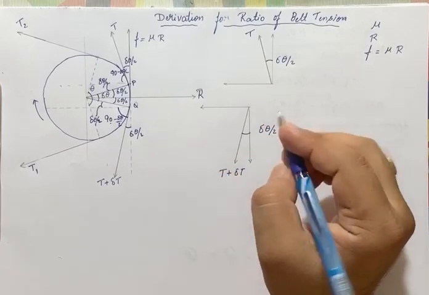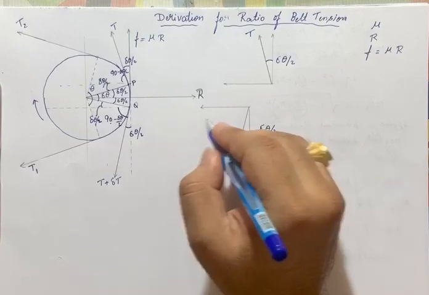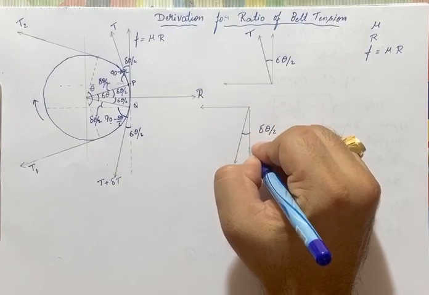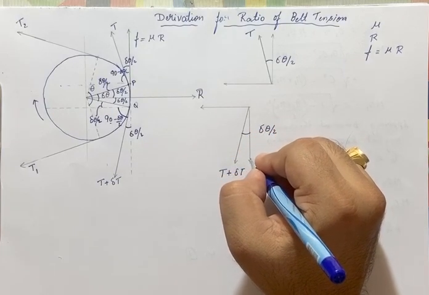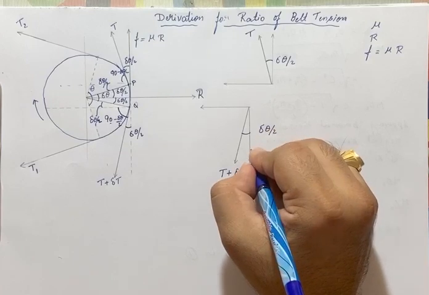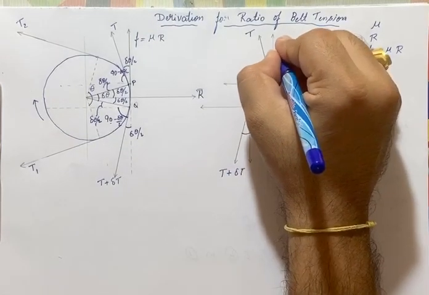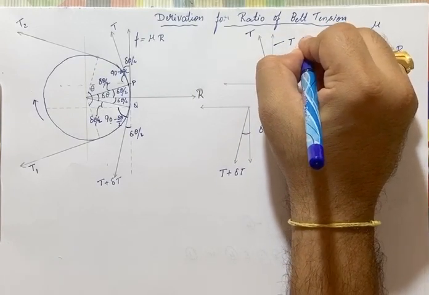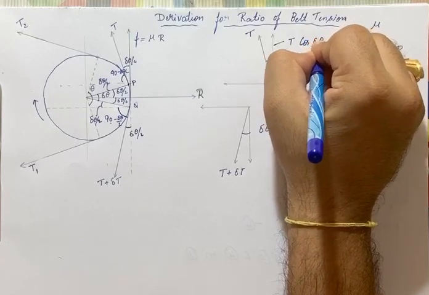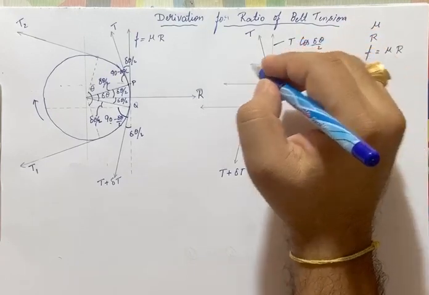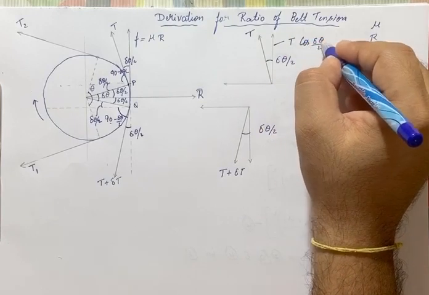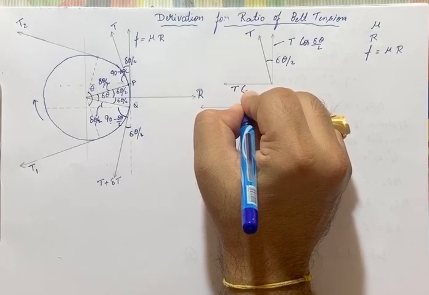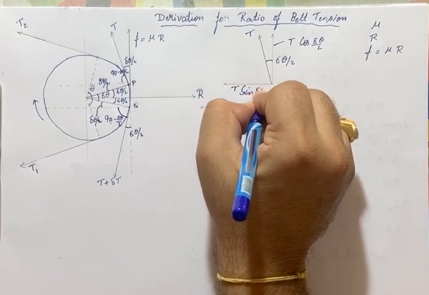Now how can I resolve the forces in horizontal and vertical directions? If this angle is delta theta by 2, the adjacent side becomes T into cos delta theta by 2, and the vertical becomes T into sin delta theta by 2.